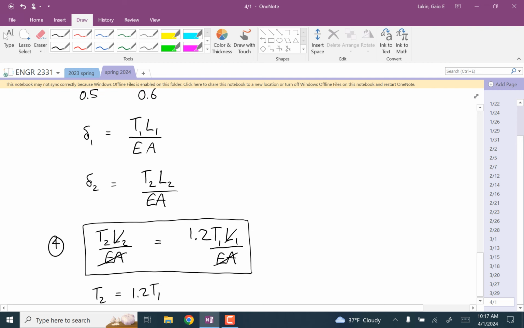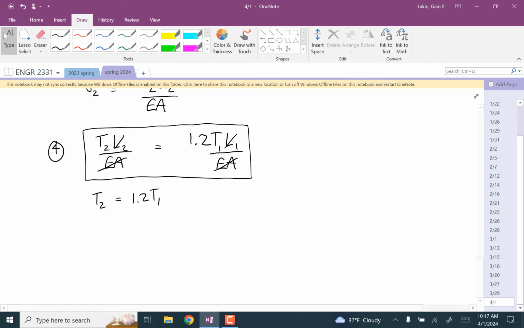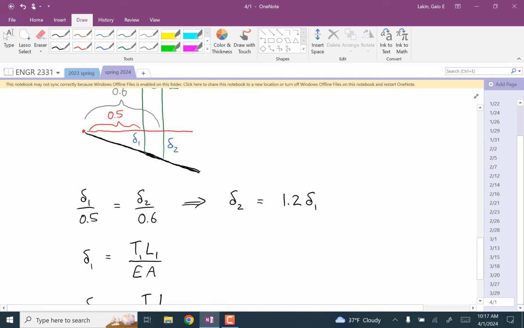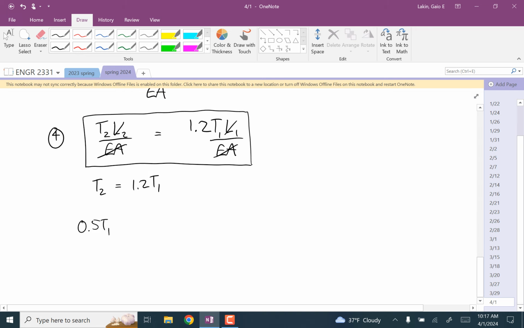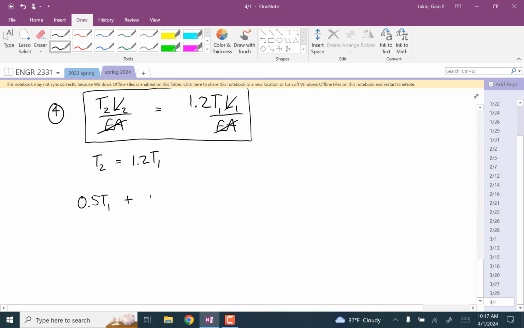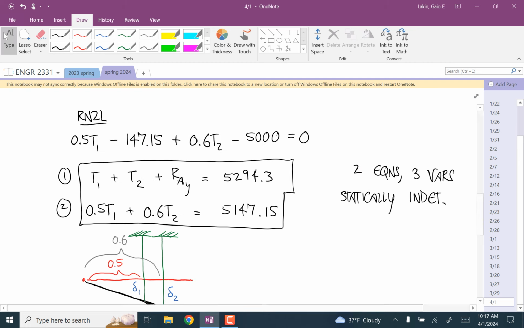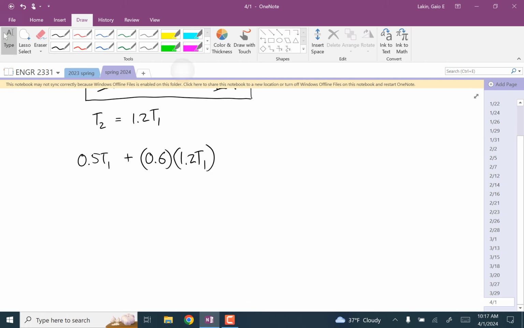Going back to equation 2, 0.5 T1 plus 0.6 times 1.2 T1 is equal to 5147.15.